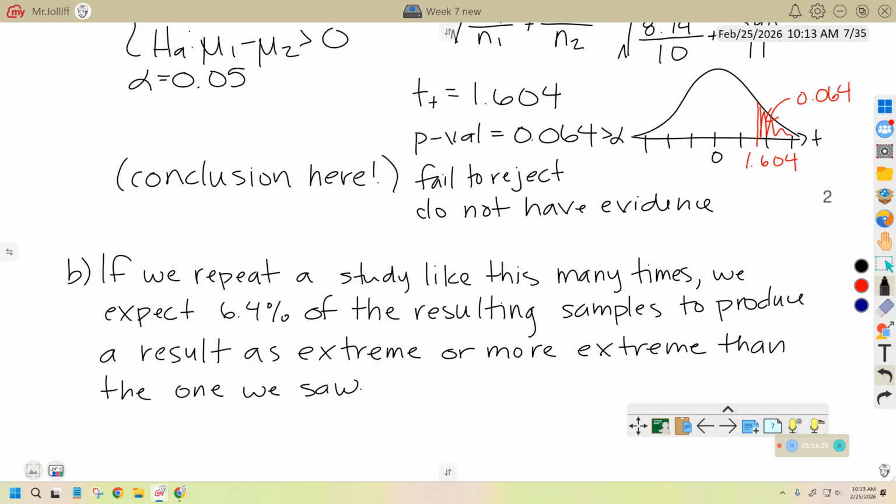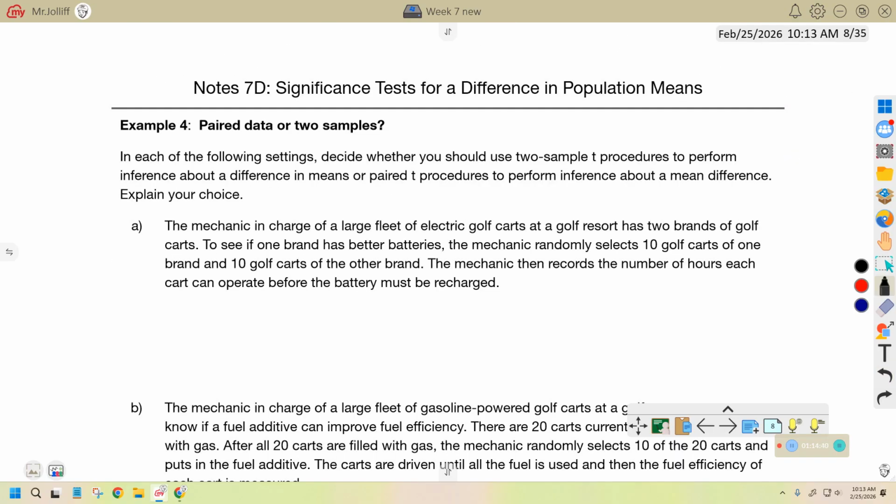Good. There is one more question that I'd like to go over with our time, and it's not going to involve any math. We're done with math for today. On the next page, there are a couple of settings, and what I want you guys to discuss is whether those settings represent a difference in means or a paired mean difference.